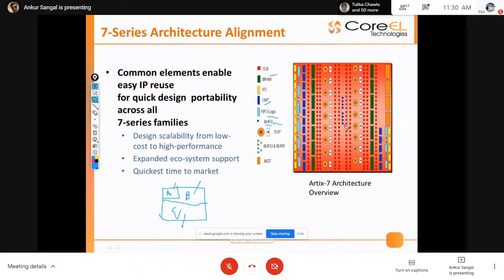This is available here. After that, DSP related things, multipliers and summing. These are available in the form of DSP48E for DSP related operations. Now BUFIO and BUFR, this is a very important thing.